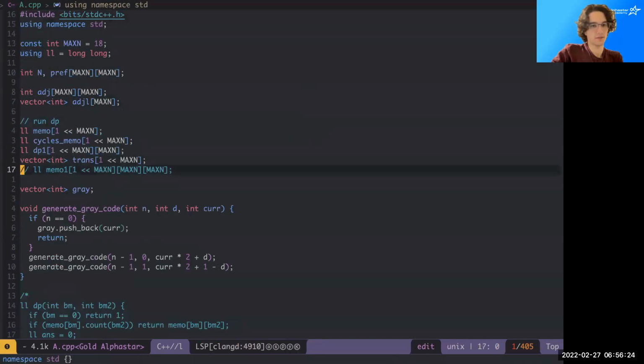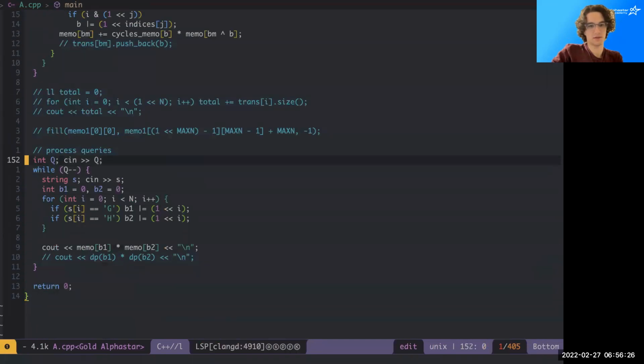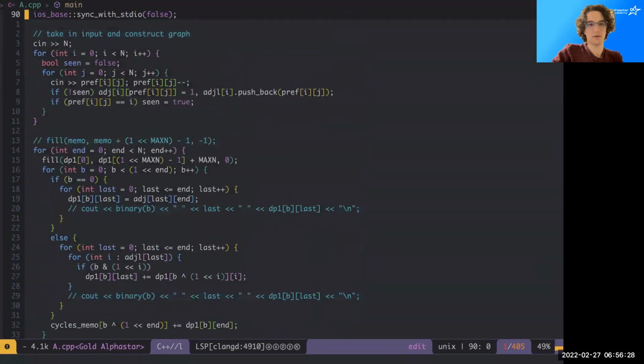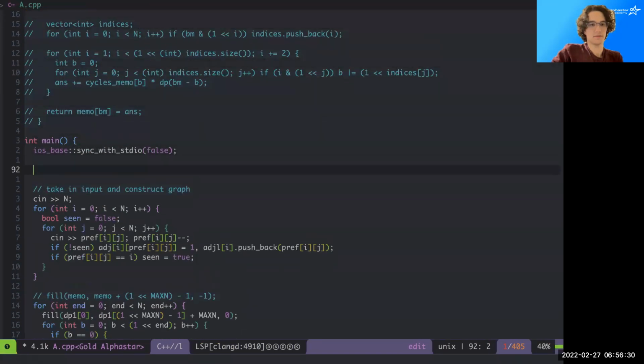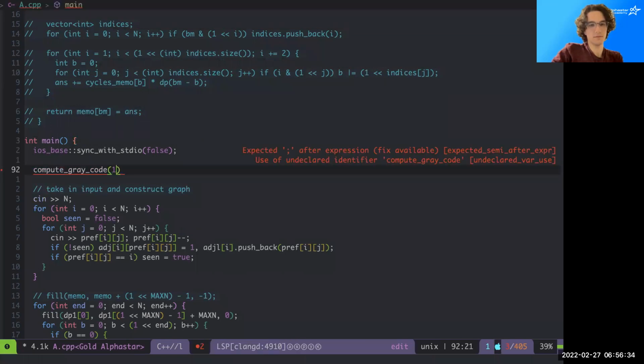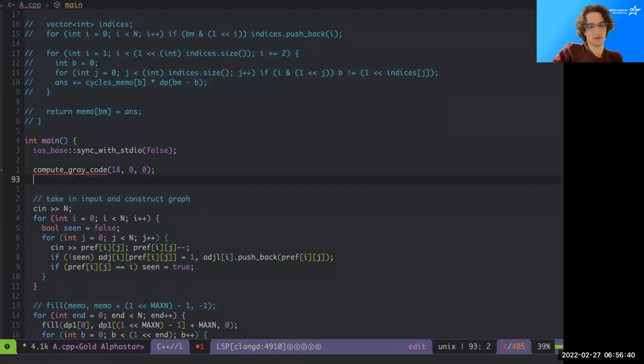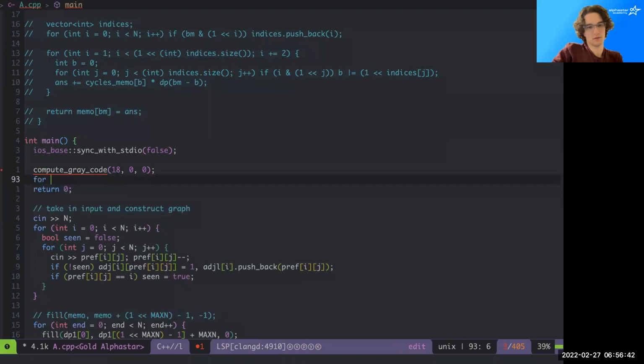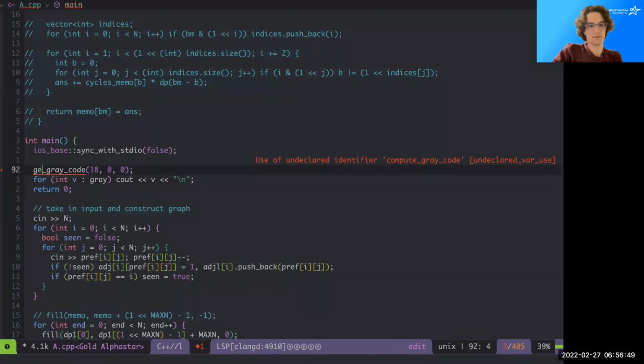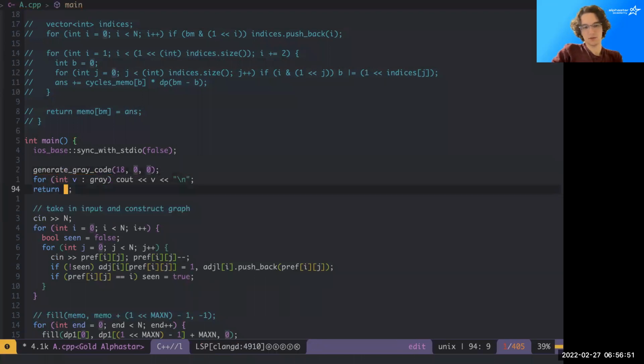Generate these transitions anymore. I'm going to just test it. Works.